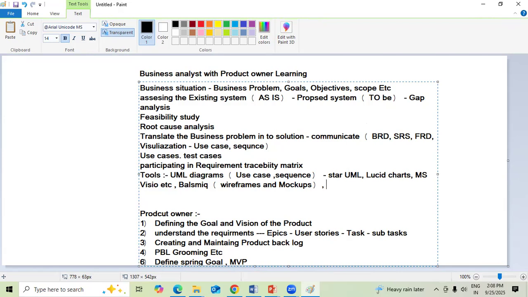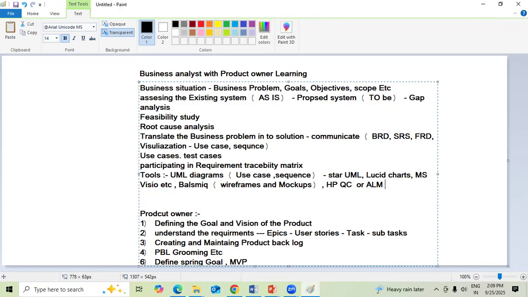Next, for application lifecycle management, generally we have HPQC. HPQC is HP Quality Center, we call it, or HP ALM, or ALM, Application Lifecycle Management. Organizations have different application lifecycle management tools, wherein to translate the requirements, they may have their internal tools also, or HPQC or ALM tools can be used for that.